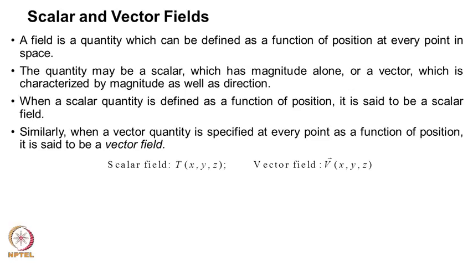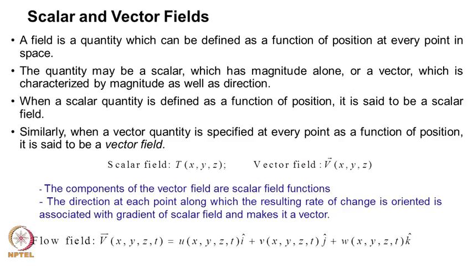Similarly, if the vector velocity is defined, then it becomes a velocity field. Because it is direction dependent, you can also take a component. Components of a vector field are called scalar field functions. Just like for the velocity vector v, if you take a component in x, y, z, then we get the corresponding component of velocity in that direction.